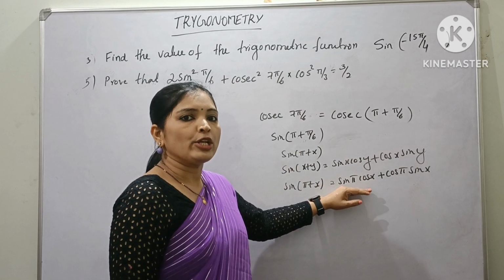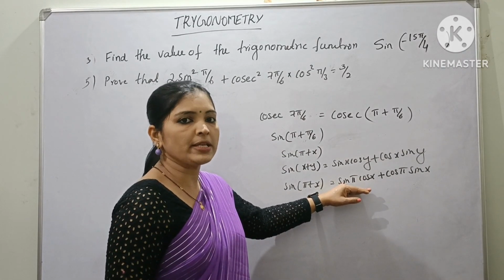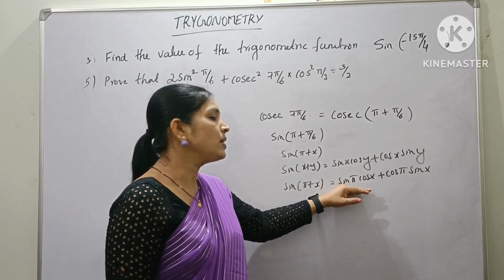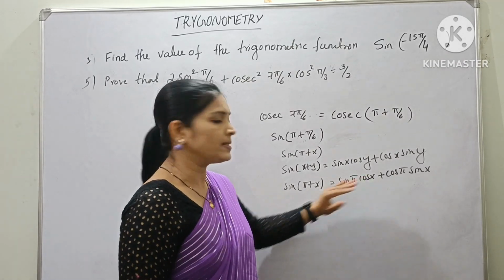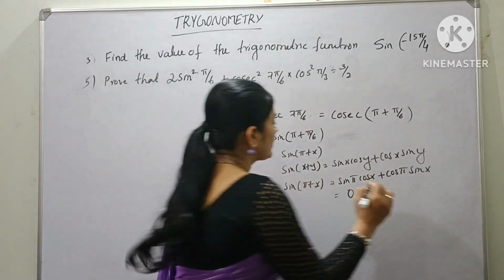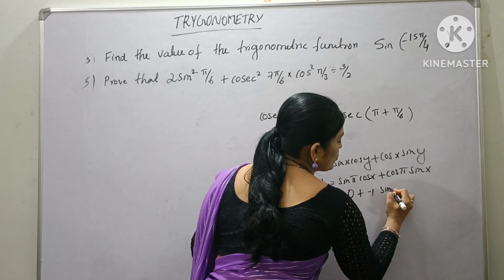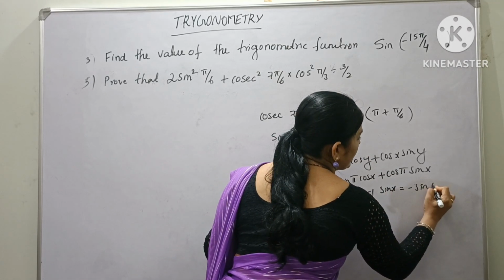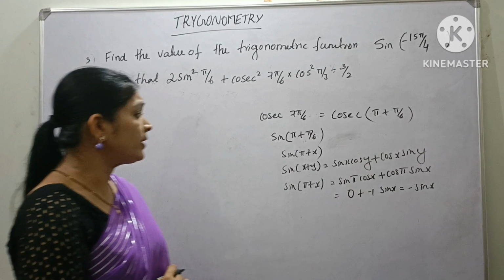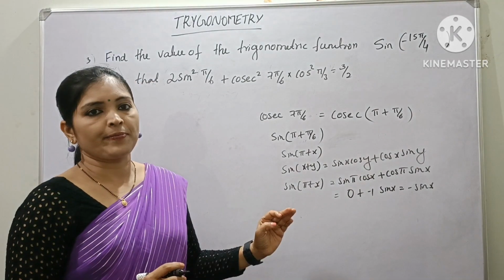Sine pi value 0, that is sine n pi is 0: sine pi, sine 2 pi, sine 3 pi, etc. Value of sine pi is 0. So here this term will become 0 plus cos pi is nothing but minus 1 into sine x, that is minus sine x. So we have got sine pi plus x is equal to minus sine x.